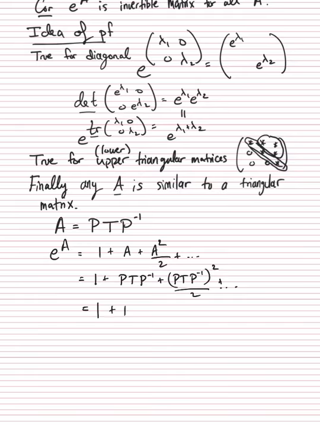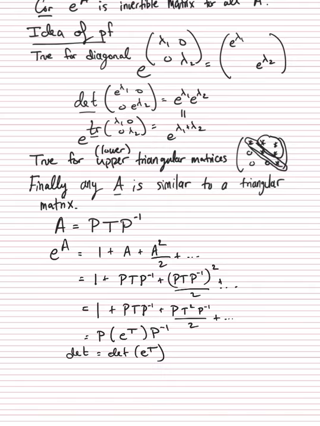So this is 1 plus PTP inverse plus PT squared P inverse over 2 plus dot dot dot. In other words, this is P e to the T P inverse, so the determinant is just the determinant of e to the T.